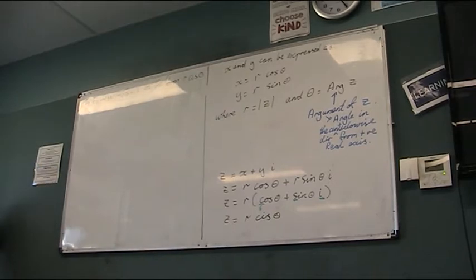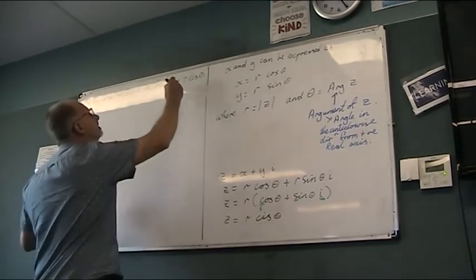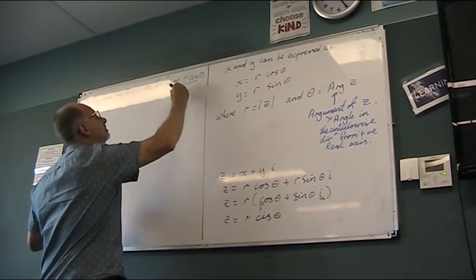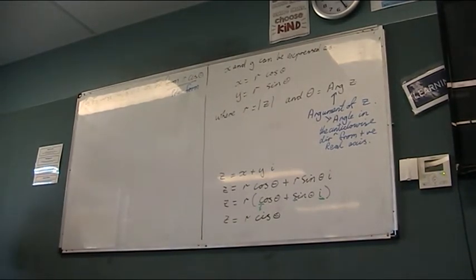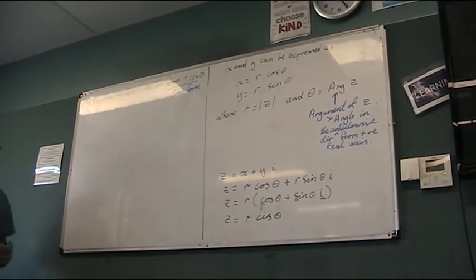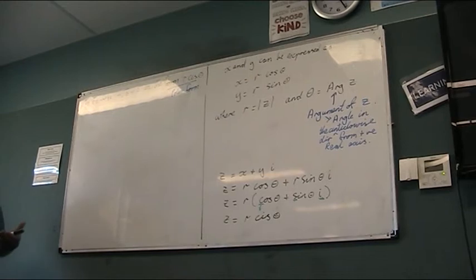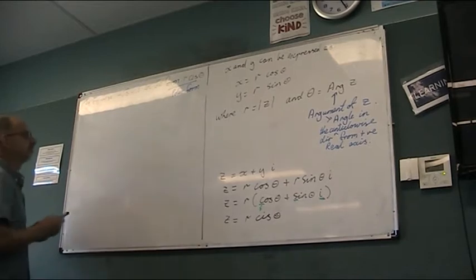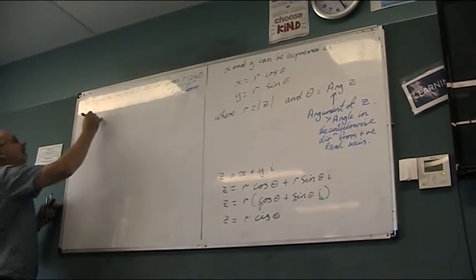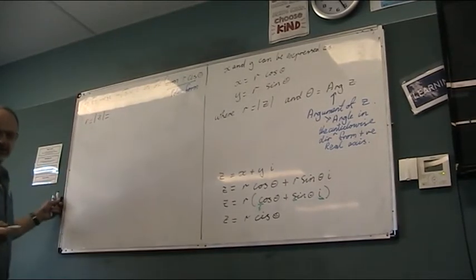It says express negative root 3 plus i in the form r cis theta, polar form. Every now and again you might hear it referred to as modulus argument form, but probably more commonly polar form. All right, so what do we need? Well, r we know is the magnitude of z, and to get the magnitude of z, what do we need to do?